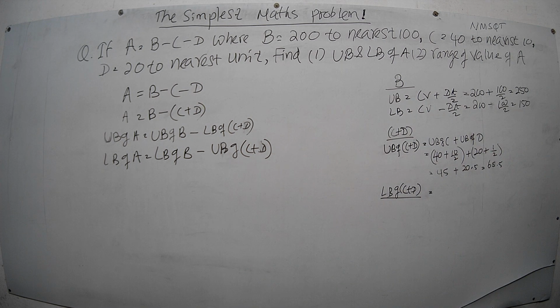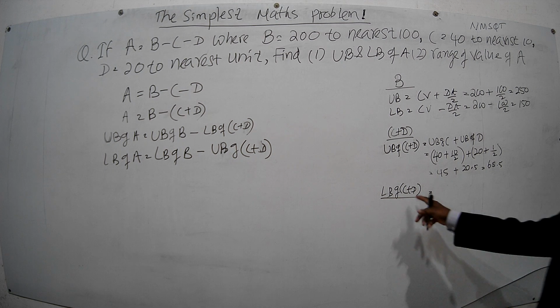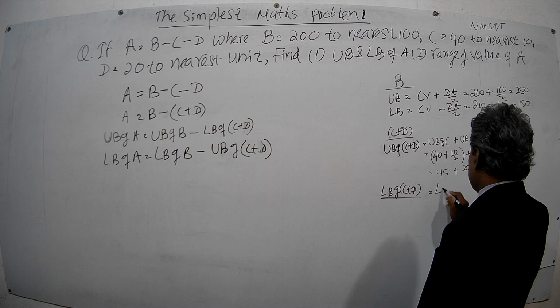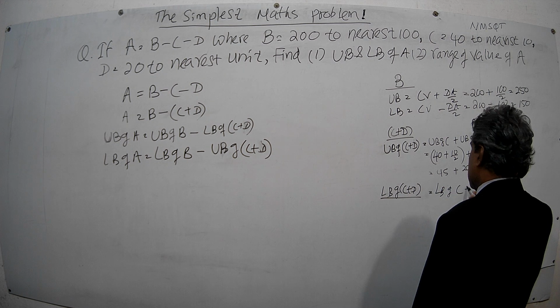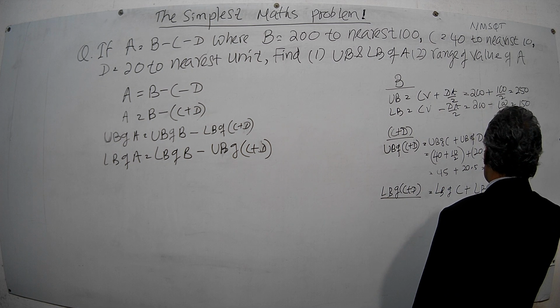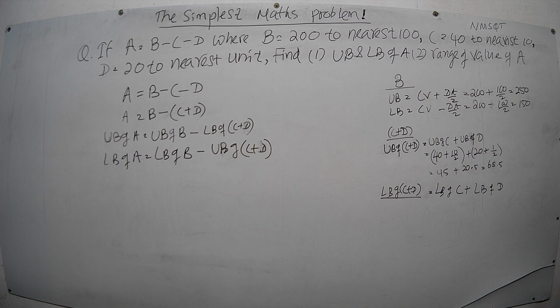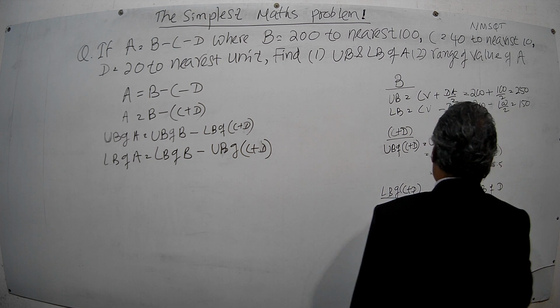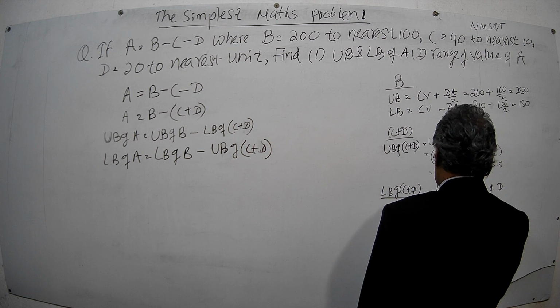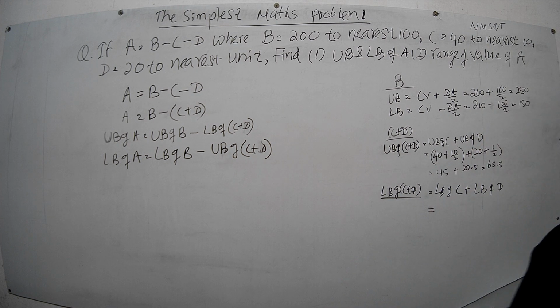Again, the lower bound of a sum equals the sum of the lower bounds. So you can write this as the lower bound of C plus the lower bound of D. The lower bound of C is the lower bound of a single corrected value, given by the formula corrected value minus degree of accuracy over 2. Then define the corrected value here. What is the corrected value of C? C is 40.